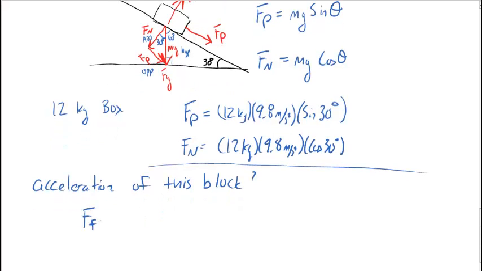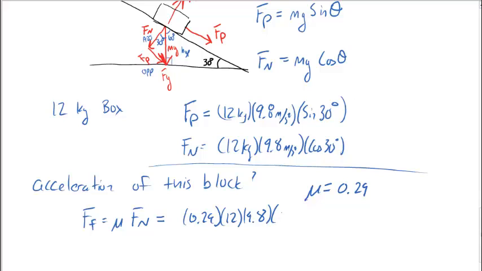So force of friction would be mu Fn, and so if I use the coefficient of friction of 0.29 between the block and that surface, then my force of friction will be 0.29 times the normal force, which is 12 times 9.8 times cosine of 30 degrees.